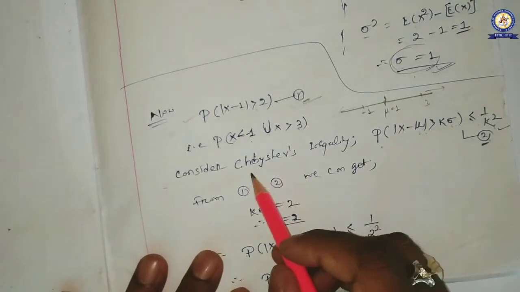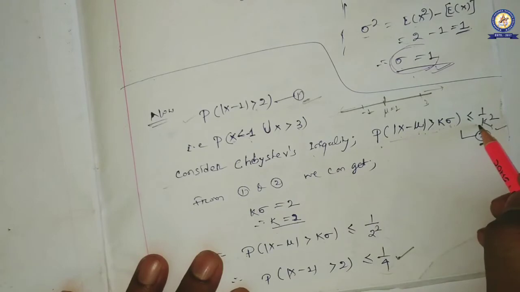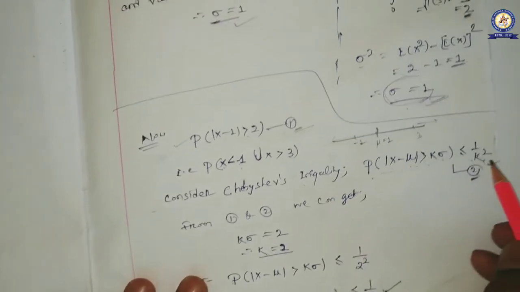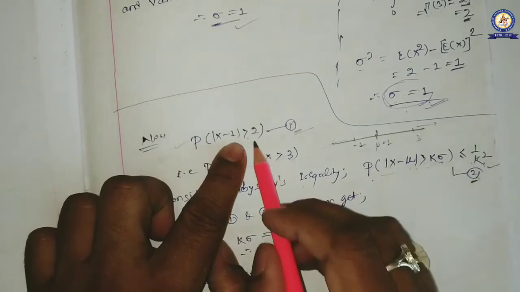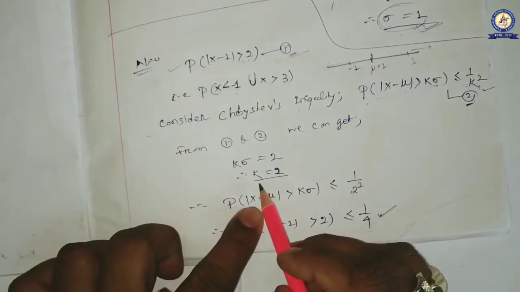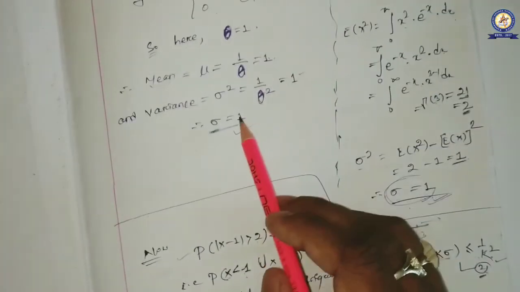So consider Chebyshev's inequality, less than or equal to 1 by k square. You just compare this equation and this equation, and we can find k sigma will be equal to 2. So hence k equals 2, because sigma we found equal to 1.